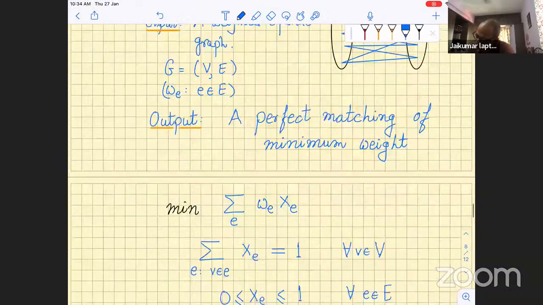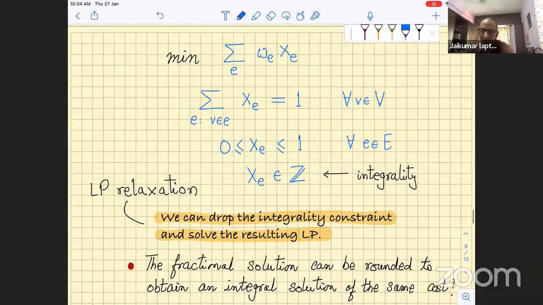Now it turns out, it is not the same sort of rounding where we just take everything up, because then we can't even maintain feasibility by just rounding things up to 1, because almost everything will perhaps get rounded to 1. But there is a way of rounding these values carefully by looking at the structure of the graph. I'll let you think about it.